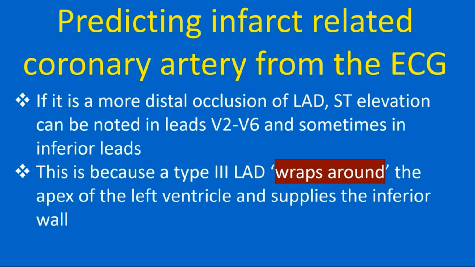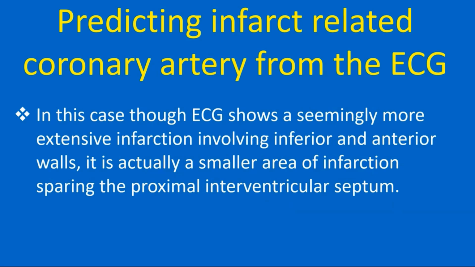This is because a type 3 LAD wraps around the apex of the left ventricle and supplies the inferior wall. In this case, though ECG shows a seemingly more extensive infarction involving inferior and anterior walls, it is actually a smaller area of infarction sparing the proximal interventricular septum.